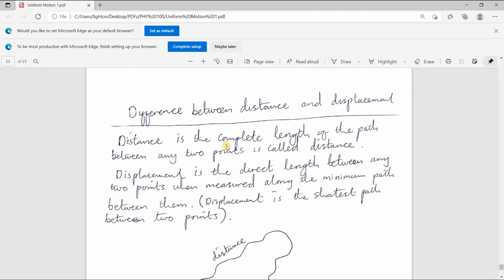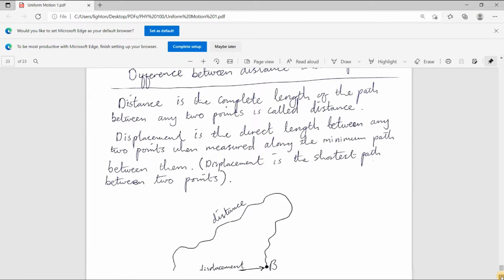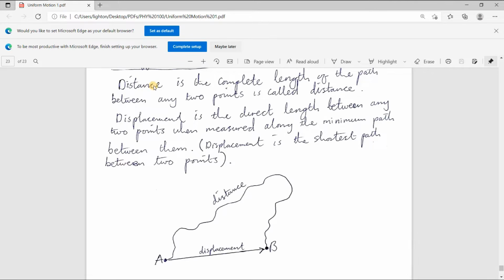So distance is the complete length of the path between any 2 points. That is called distance. The complete path between any 2 points is distance.